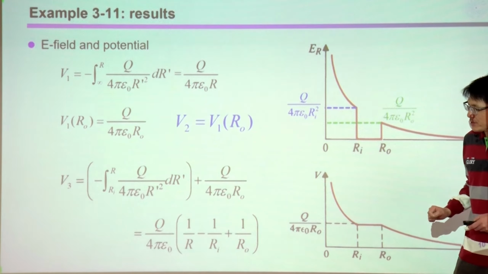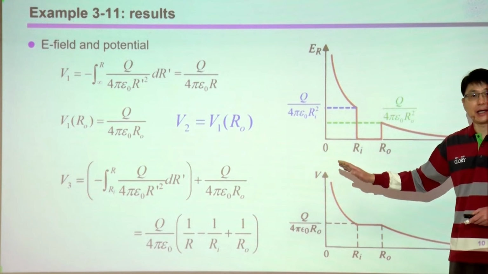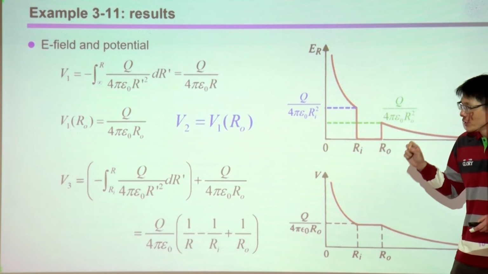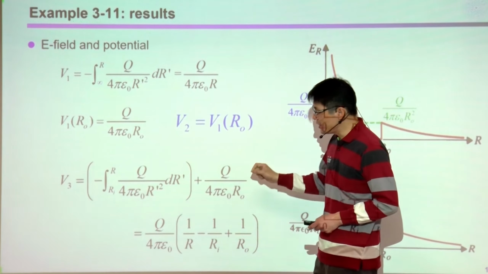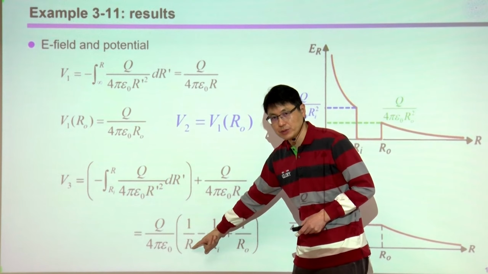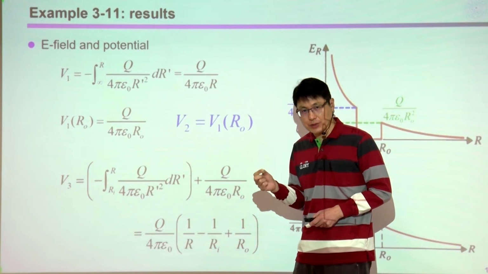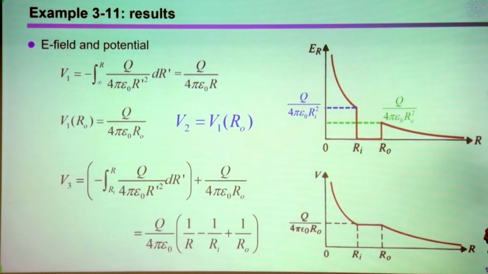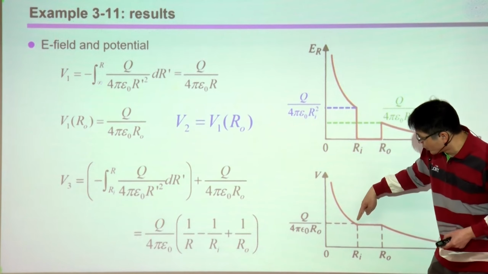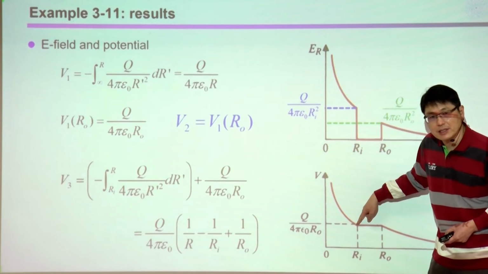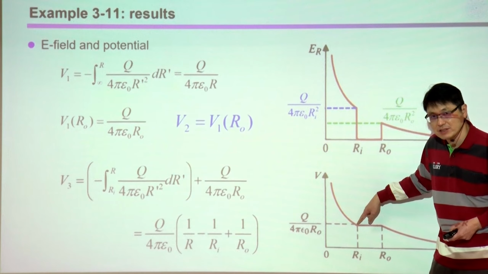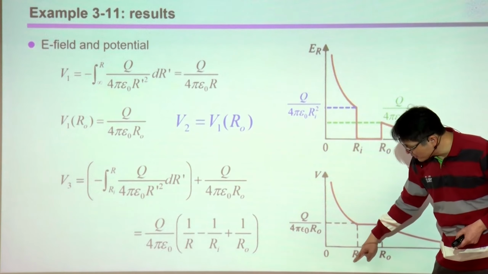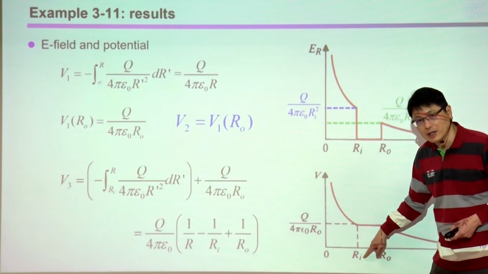For a test, whether you obtain a correct result or not, you should be able to insert a particular R value to see whether it makes sense. So in this case, when we're trying to derive the electric potential as a function of space, we are most interested in R equals Ri.